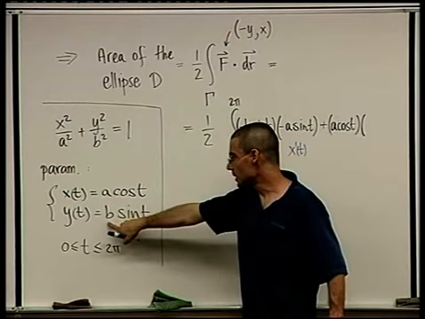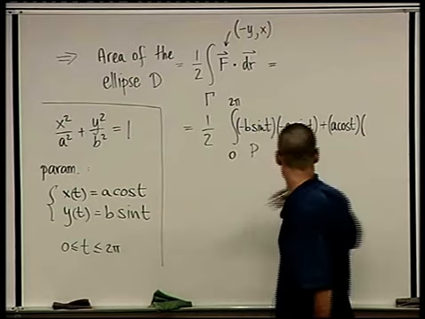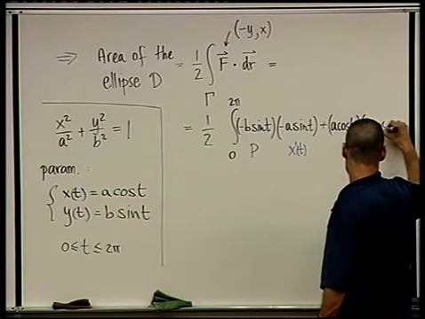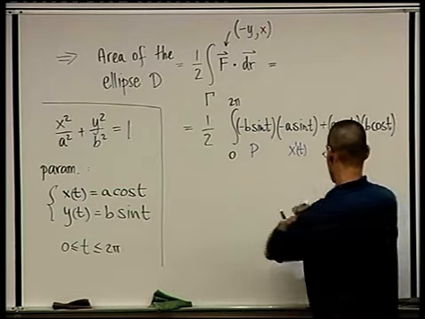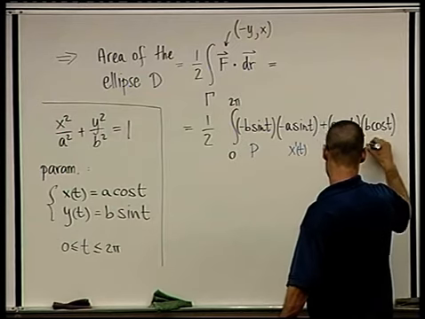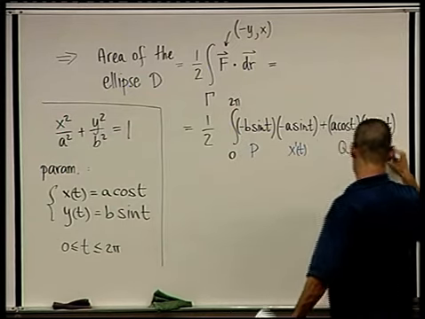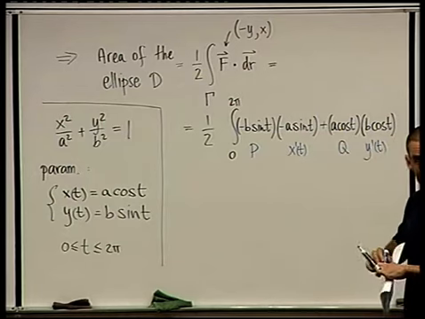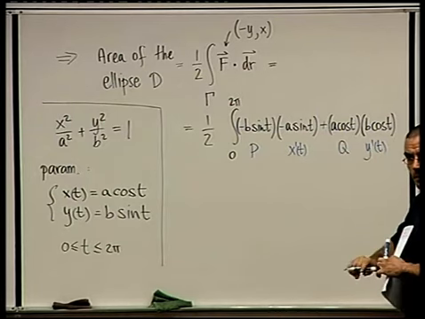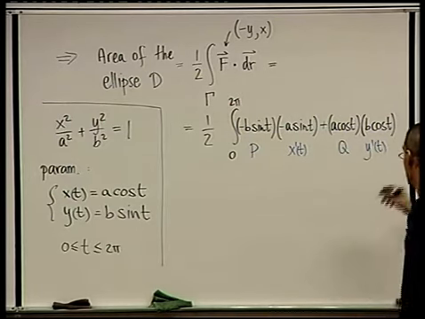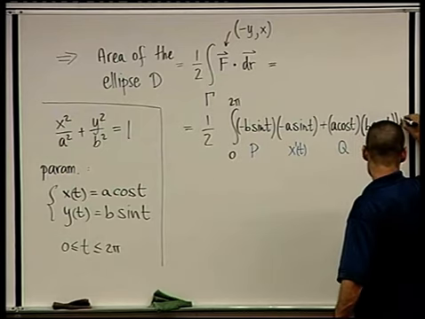Y prime is b cosine t. So this is Q, and this is y prime of t. Good? Did everybody follow? And all of this dt.